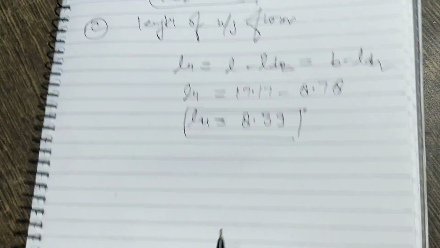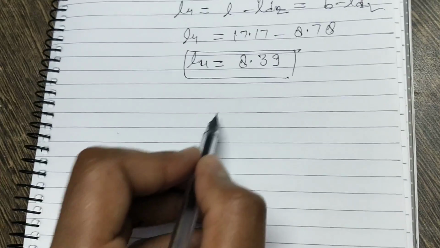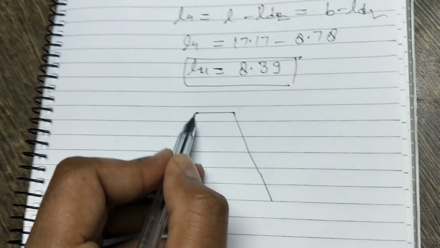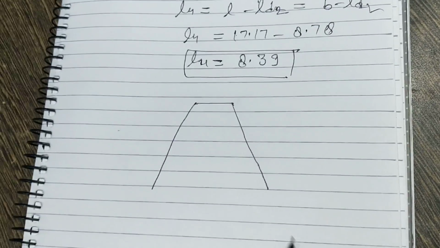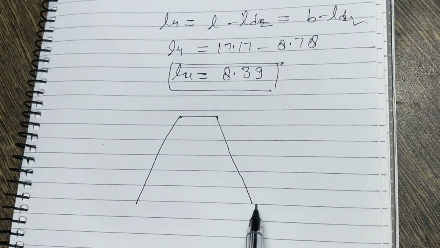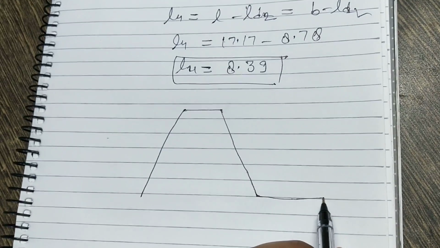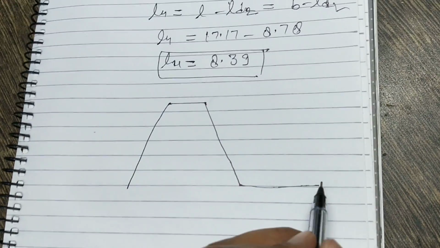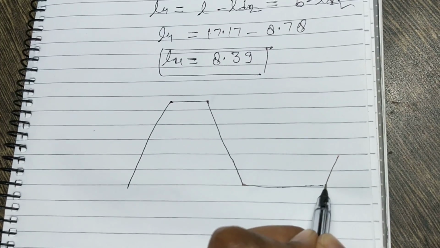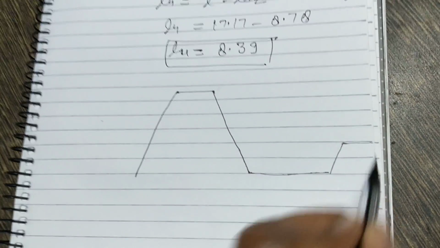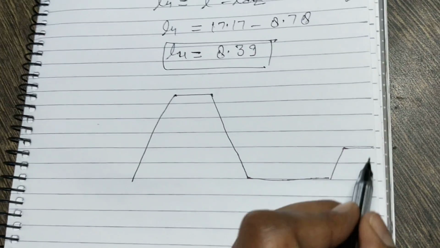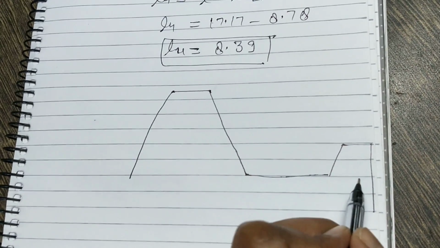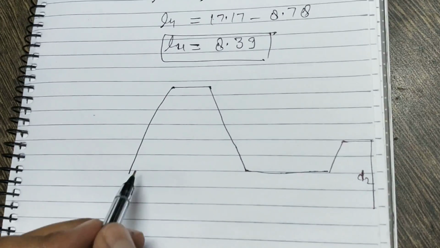Now we will also understand the diagram of this. This is a crest I am showing here. This shape is trapezoidal and this is the cistern, which is also the fall of the water, and this is the impervious floor, and this is the downstream cutoff, which we assumed as D2.